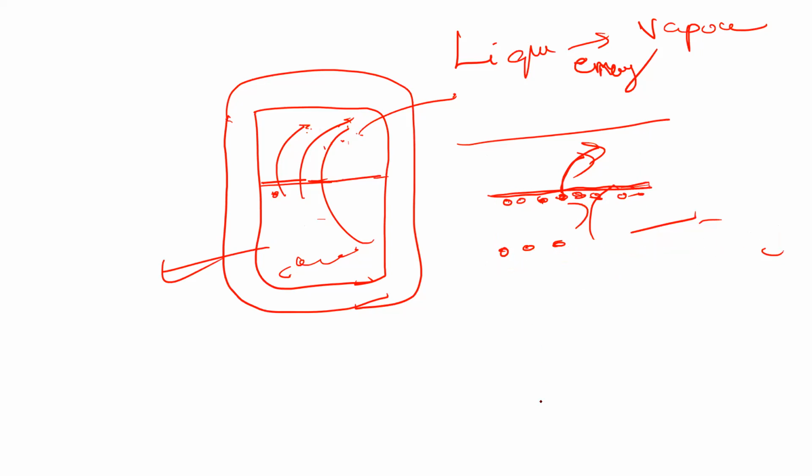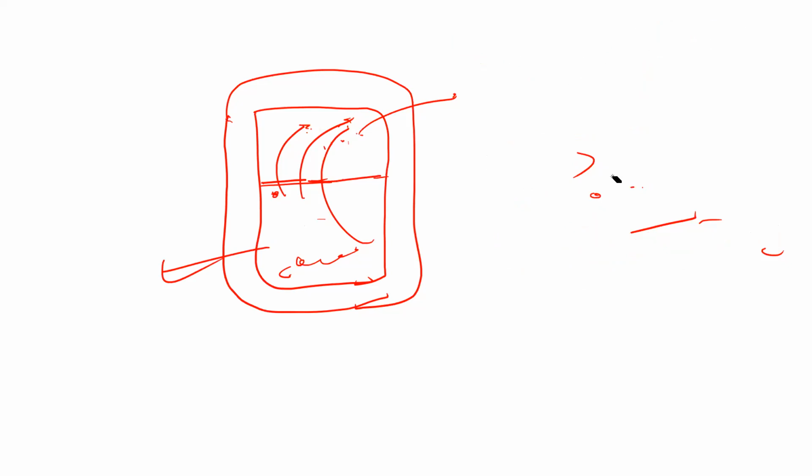All guys, unmute and tell me whether you've understood this point. Yes, sir. Excellent. So this phenomenon, the changing of one form of state to another without external heat supply, is called latent heat. Since it is a change from liquid to vapor, we call it latent heat of vaporization. Good.